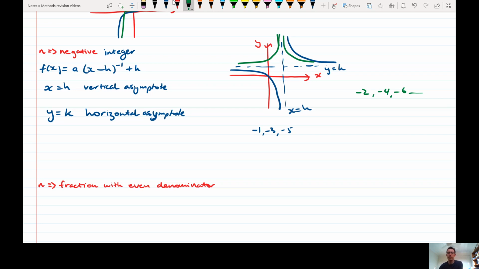It's supposed to be symmetrical around, but the vertical and horizontal asymptotes remain the same. Of course, if a is negative, the green one flips down. And of course, if a is negative, the blue one would become like that, so the regular transformations.